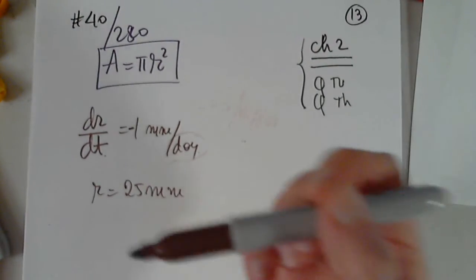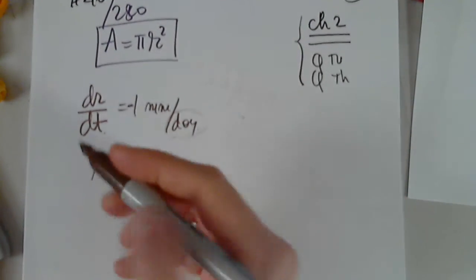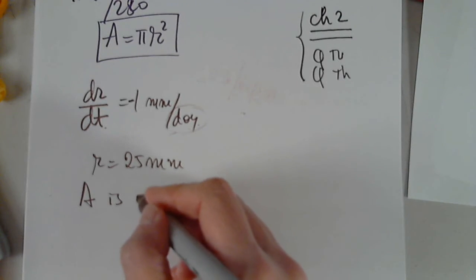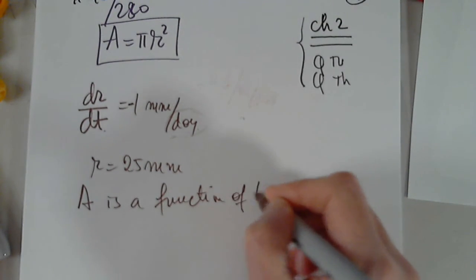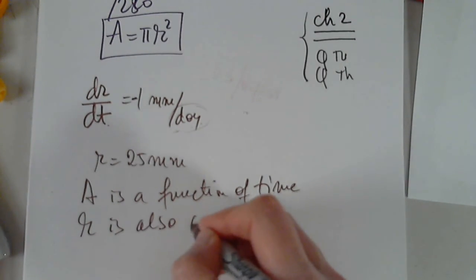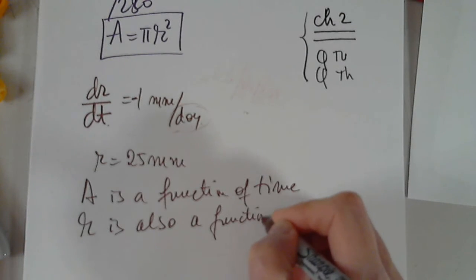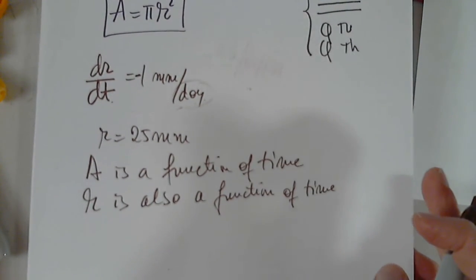So basically, we are dealing here with two functions. Both of them are functions of time. Area is a function of time. R is also a function of time. They are both decreasing.